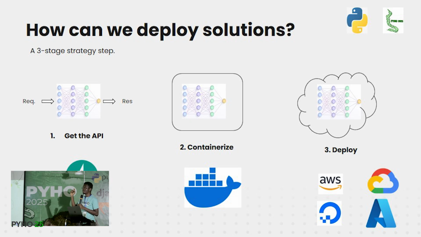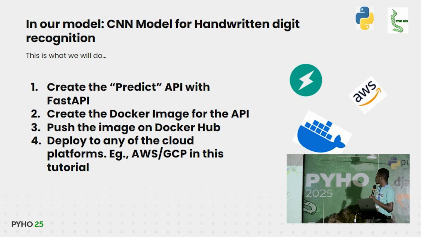Once you have your image pushed into Docker Hub, you can deploy it into any of the cloud platforms of your choice. So for this demo, for this workshop, I trained a CNN model to recognize handwritten digits, from 0 to 9, you understand?